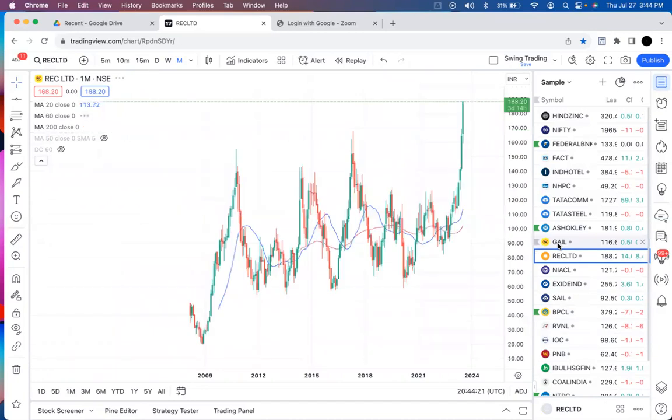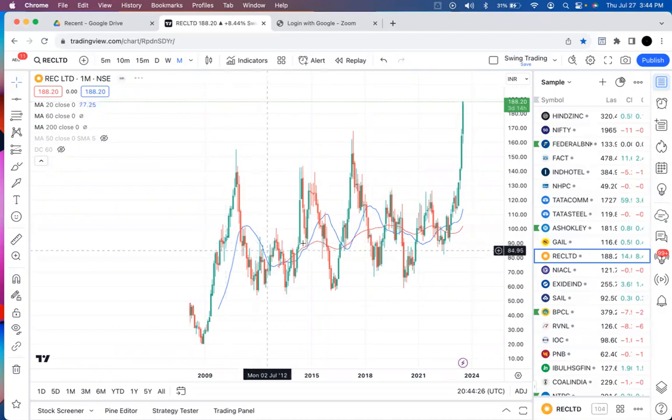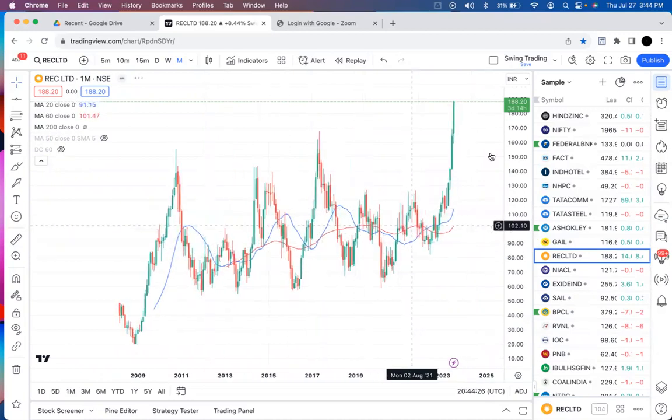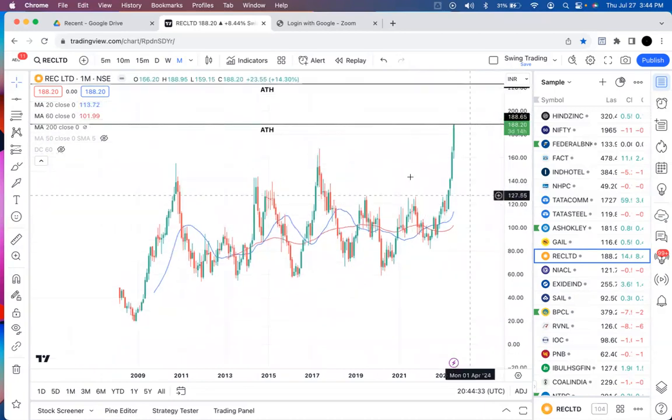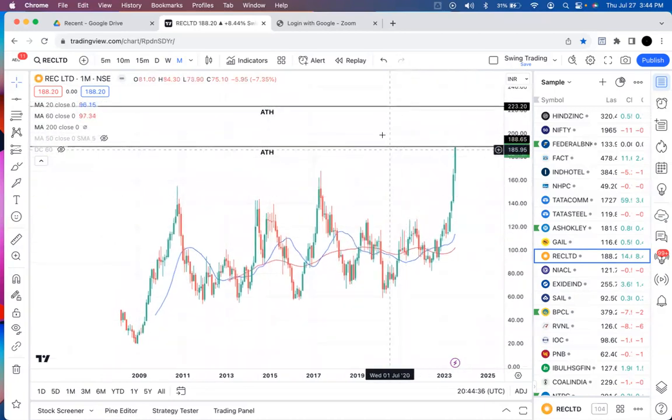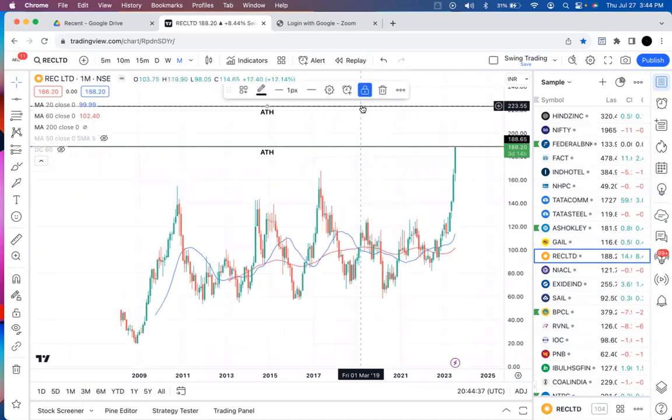REC Limited. All right, look at REC Limited. Wow, it went sideways for a long time, and then for the last few months it's been pushing its way up there. And look at that all-time high. How come I had two all-time highs drawn? I have no clue.